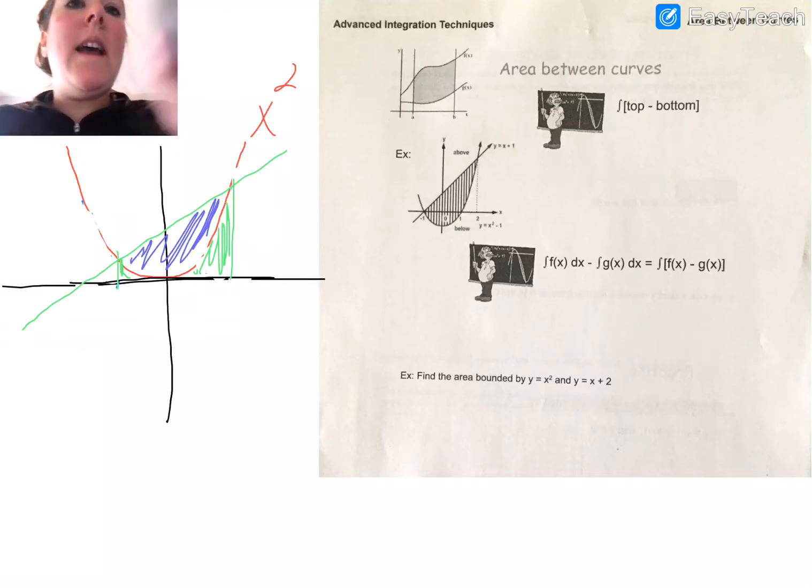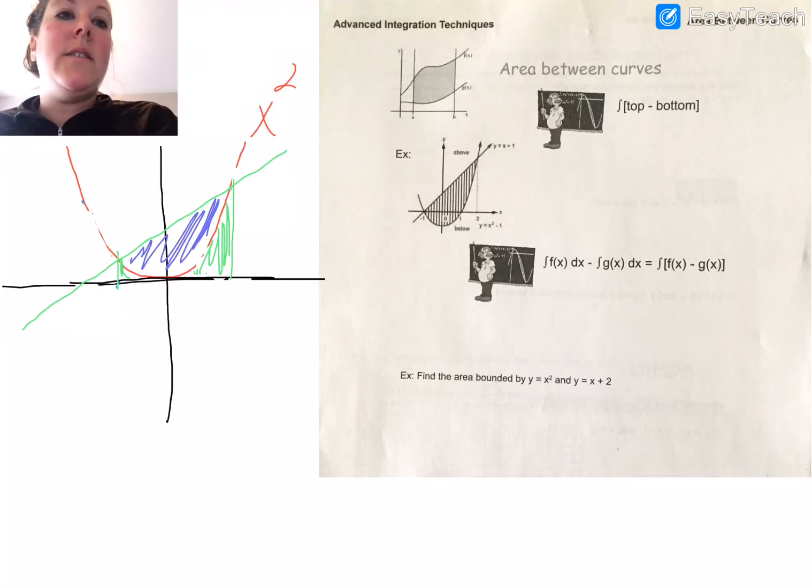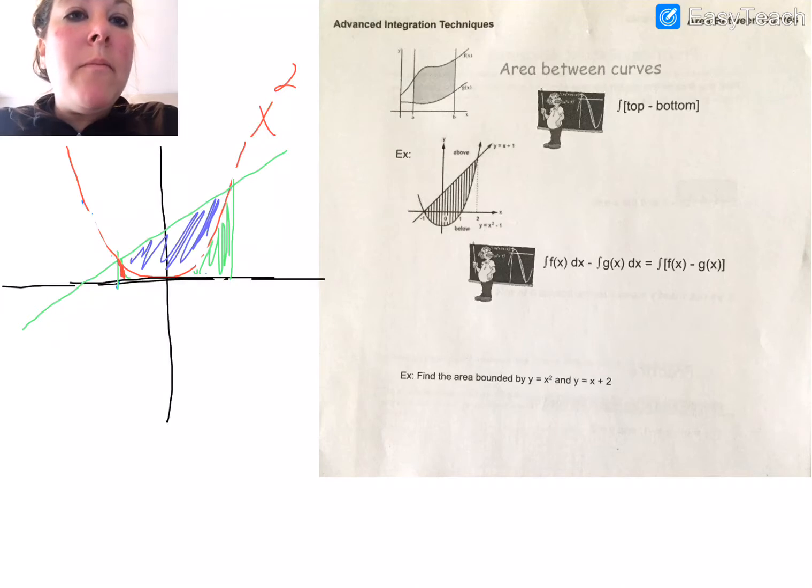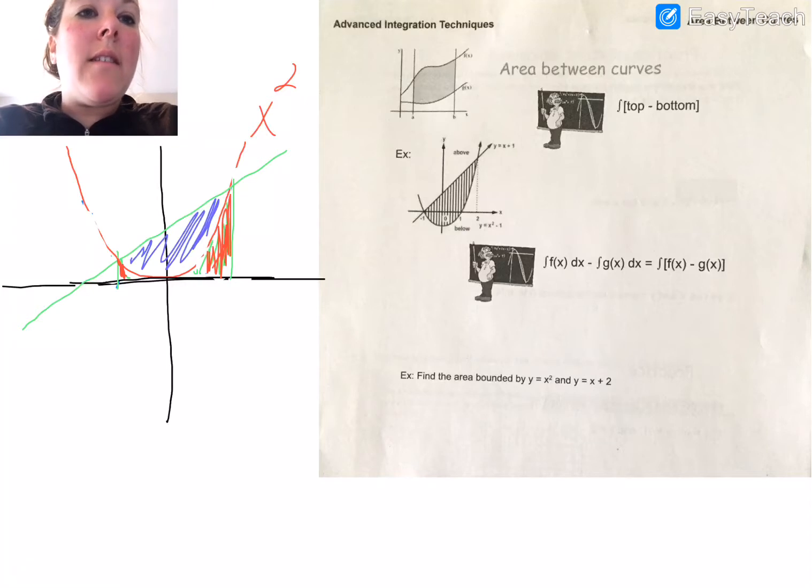Now if I used an integral to find the area under the curve between those two points, so under the parabola, that would give me all this. So not the purple, just that excess area underneath the parabola.